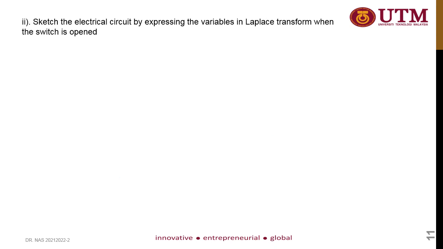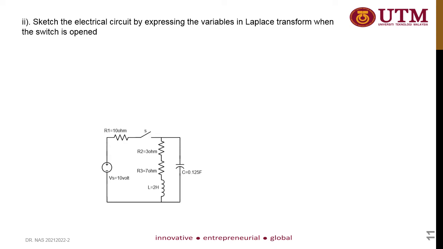Okay, next question. Sketch the equivalent circuit by expressing the variables in Laplace transform when the switch is open. So in the earlier state, at t less than 0, the switch is closed.